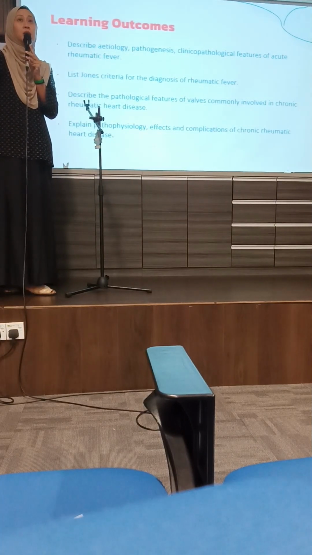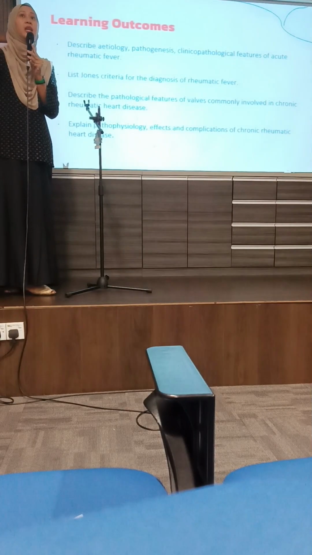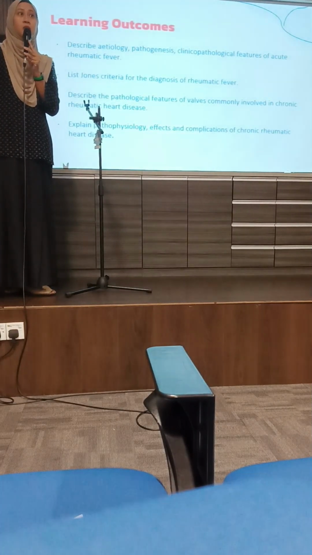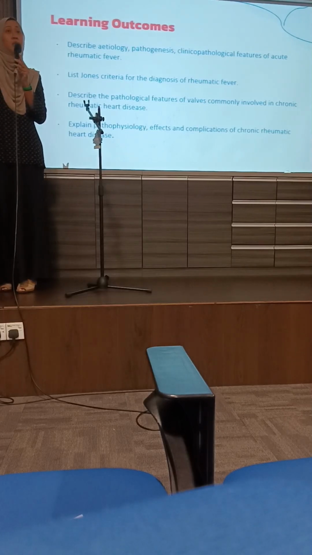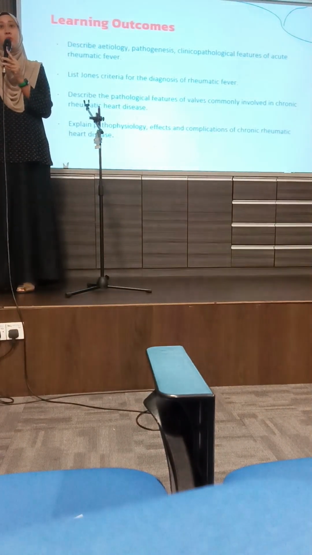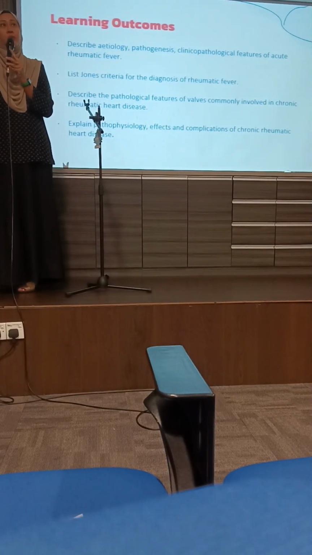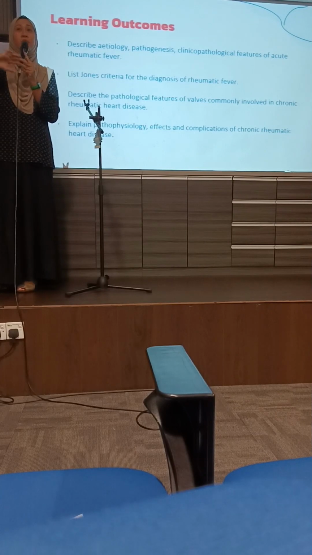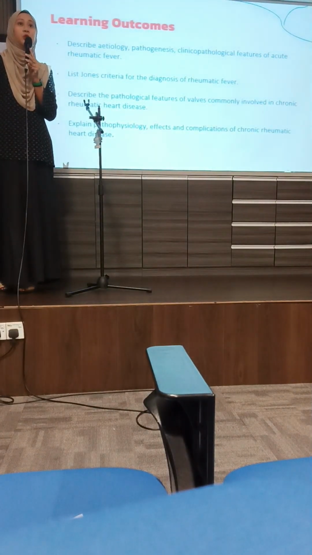So these are terms that you must be familiar with, because you're going to see them over and over again in every single lecture. So make sure you understand what they mean, because nanti dalam exam kita tanya, what is the pathogenesis of so and so? List 5 clinical features of so and so. If you break it down like that, it will be quite simple for you to understand and study.